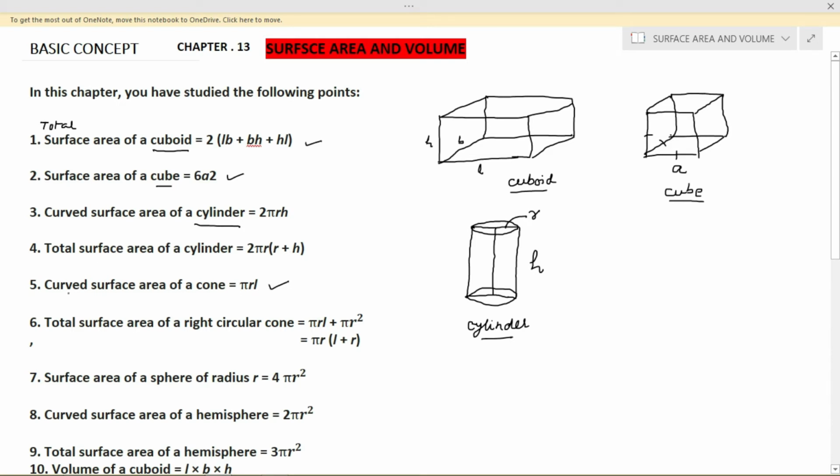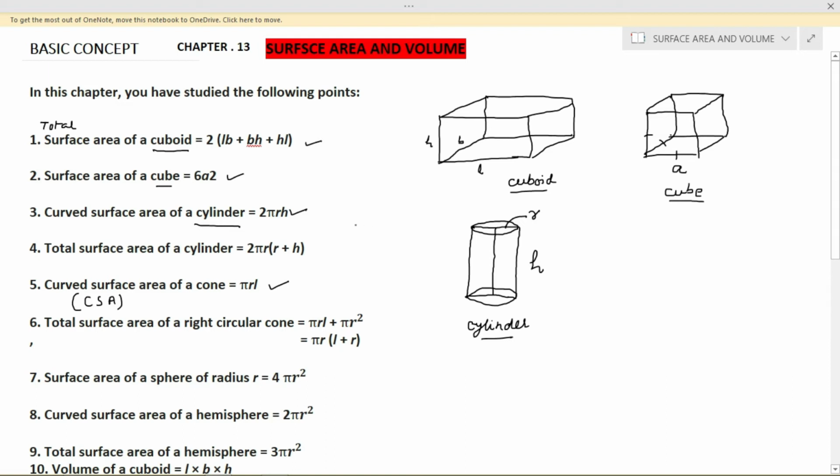This is also denoted as CSA. CSA means curved surface area. So the curved surface area is 2 pi r h, and the total surface area is curved surface area plus area of top plus area of bottom.